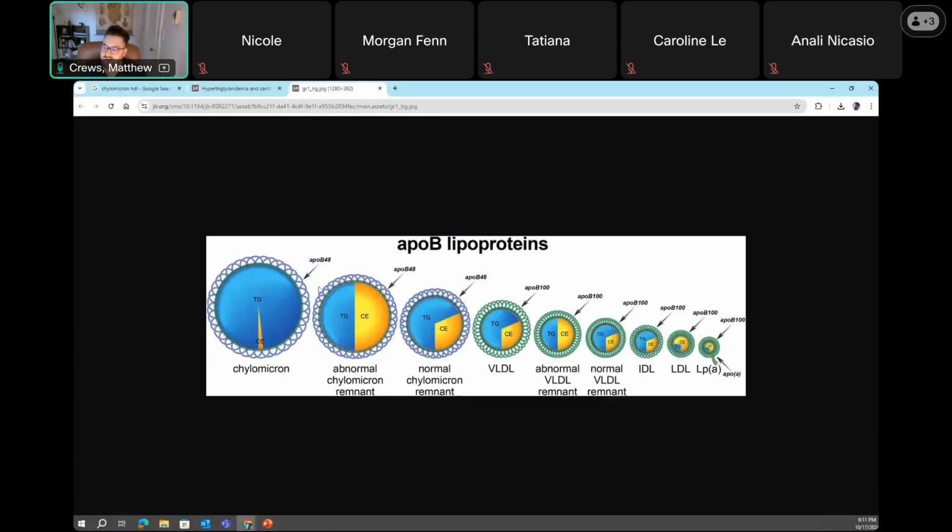And then you have a chylomicron remnant, a smaller version of it, and then a normal one. And then you also have VLDLs, IDLs, which are intermediate density lipoproteins, and then LDLs, and then HDLs. Right. So all of these exist in the same sphere.